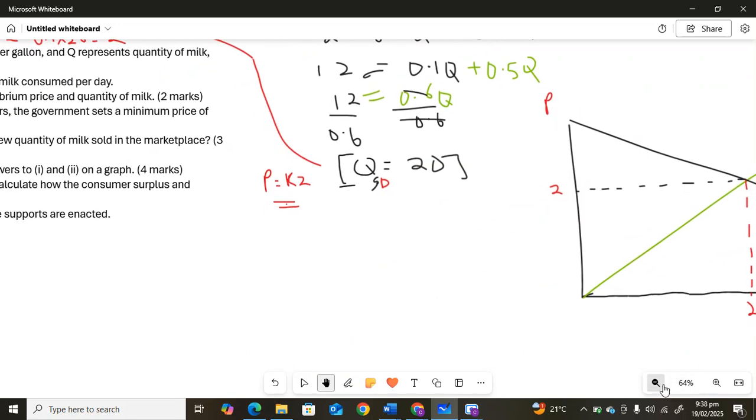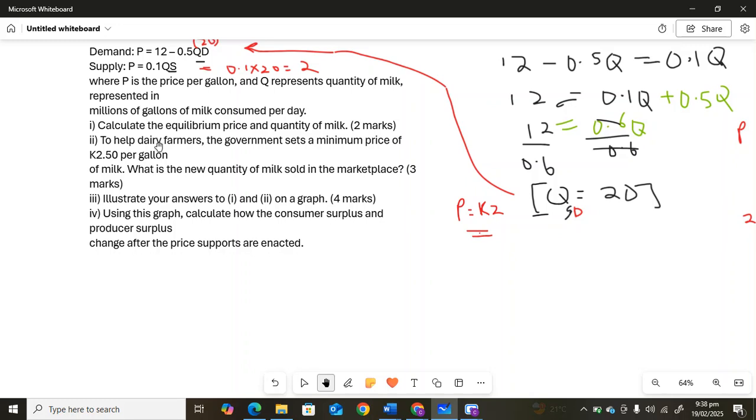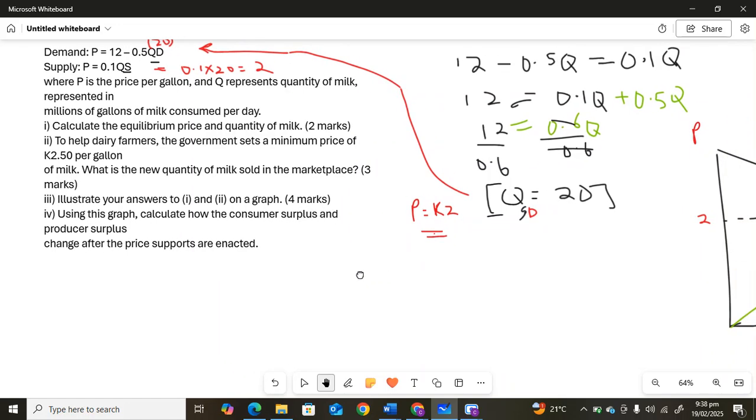Okay, the next part: to help the dairy farmers, the government sets a minimum price of 2 kwacha 50 ngwee per gallon of milk. What is the new quantity of milk sold in the marketplace? So, colleagues, is this a price floor or a price ceiling?